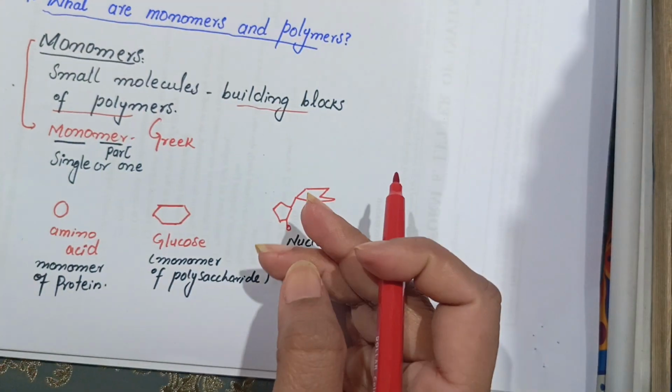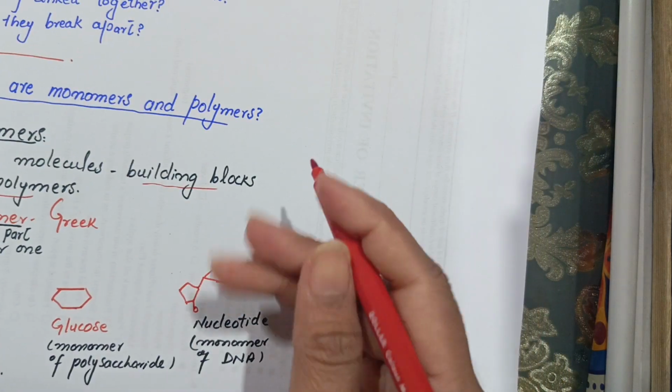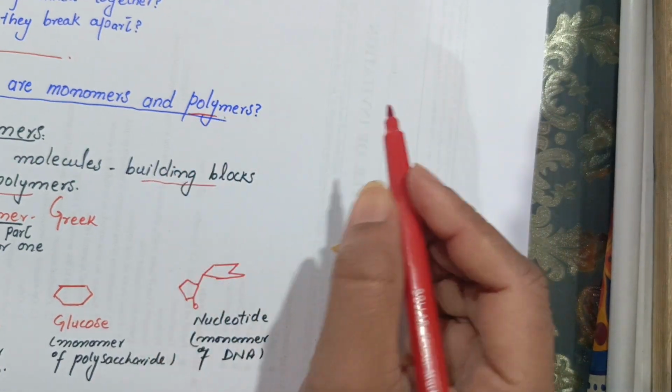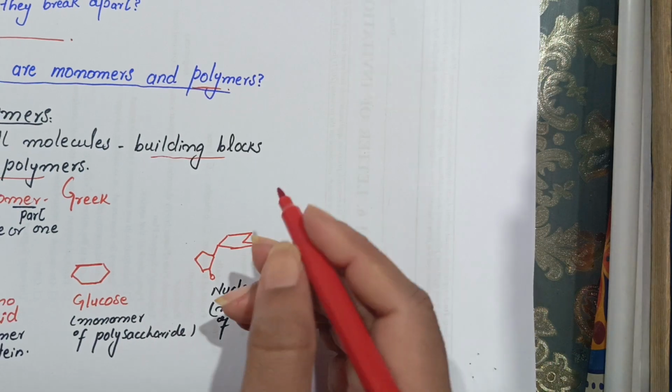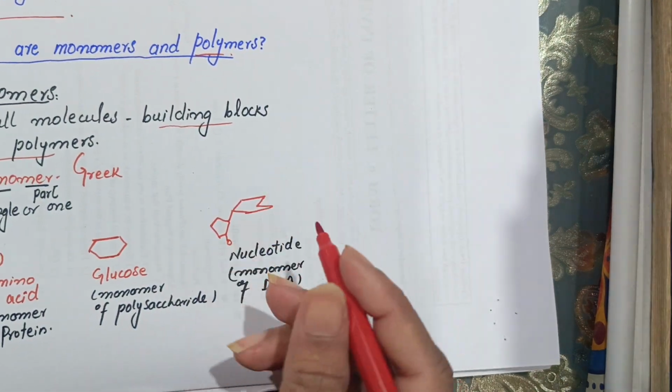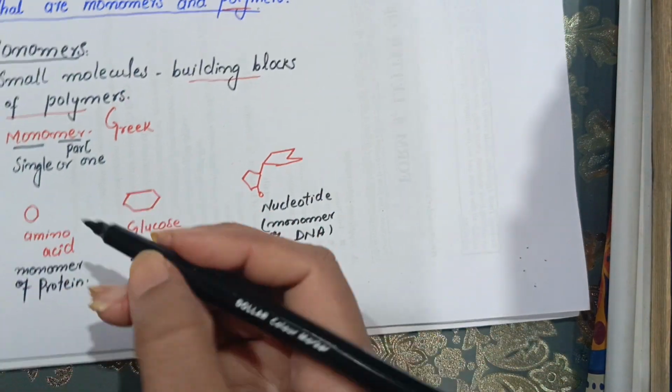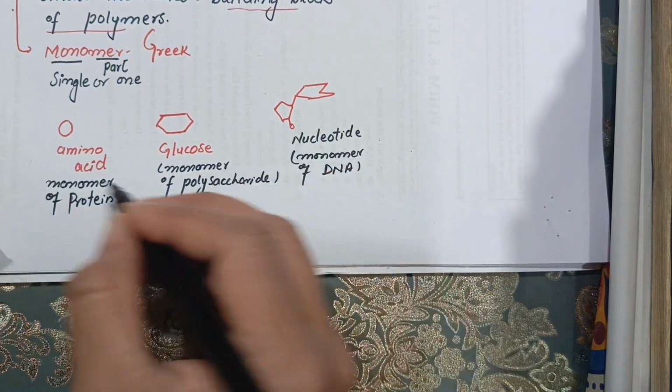From all this point of view, now we have to discuss what the polymers are. First, take the example of amino acid.